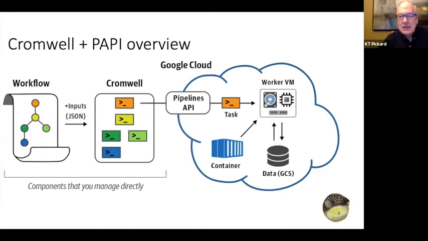Chapter 10 expands on the use of Cromwell and a new, new in quotes, API called the Genomics Pipeline API, or PAPI. Your pronunciation may vary, and we'll get to why it's not terribly important in a little bit. As you can see in this diagram, the inputs on the left are sent into Cromwell, the job manager.